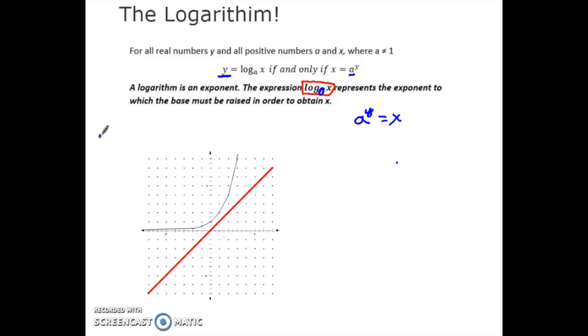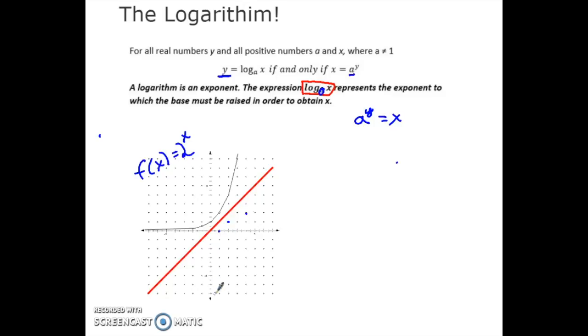Below there's a graphical representation. Up top we have a line that represents f of x is equal to 2 to the x power. Below we're going to graph its inverse function, and we did this in class.